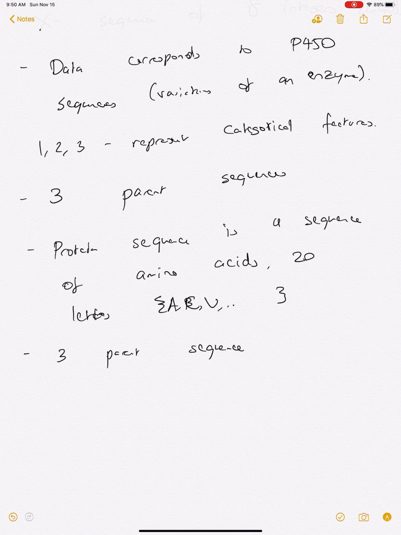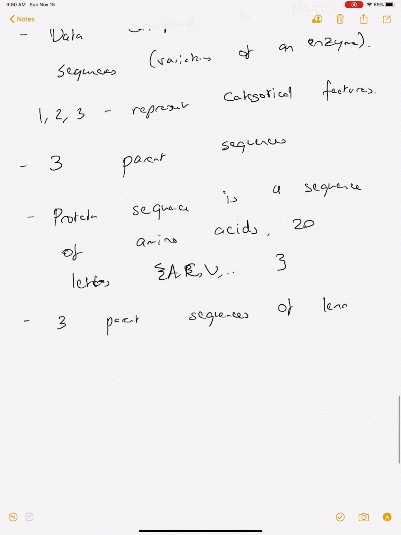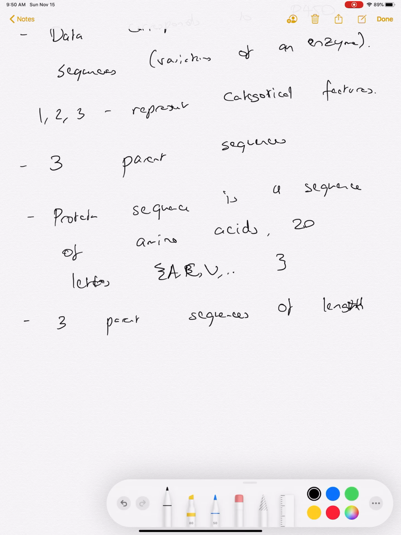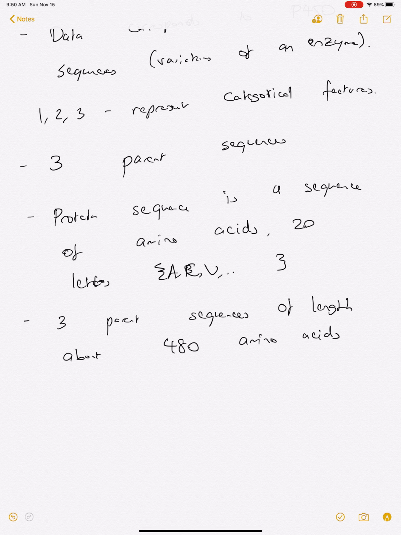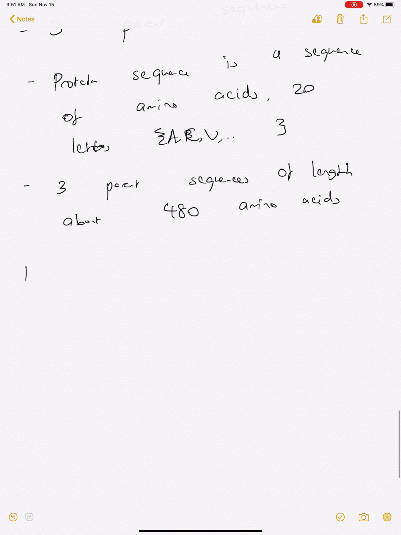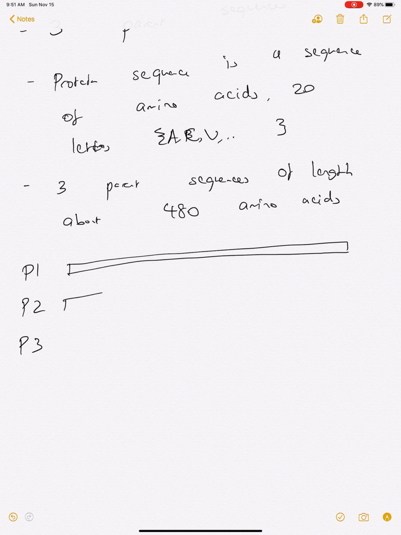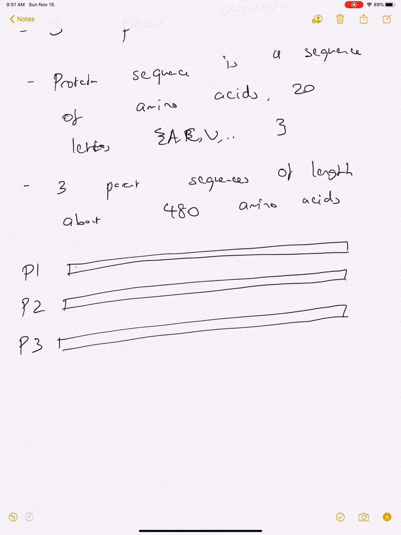We'll see why I call them parent sequences shortly. There are 3 parent sequences of length about 480 amino acids. So essentially you have parent 1, parent 2, and parent 3, and they might have A, V, C, and then V, T, and so on, and then G, U, L, blah, blah, blah.